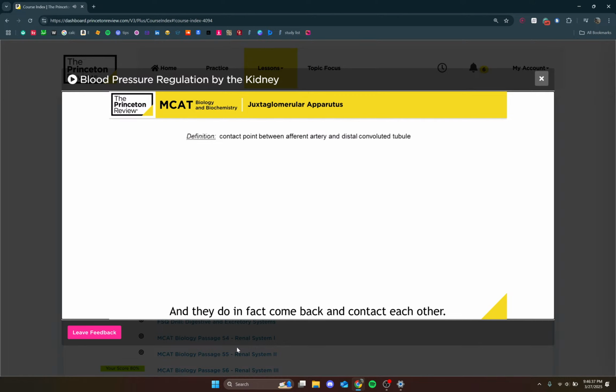And they do in fact come back and contact each other. So the cells in the afferent artery are baroreceptors. So they are monitoring blood pressure. And if blood pressure falls, these are the cells that secrete renin. And renin sets off that whole pathway we just looked at, with angiotensinogen becoming ultimately angiotensin 2, and the effects from that.